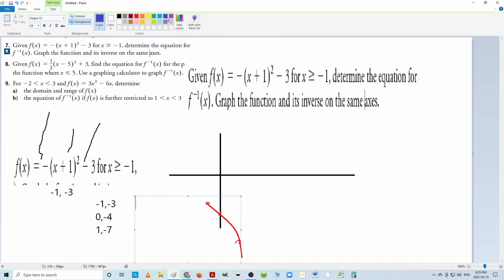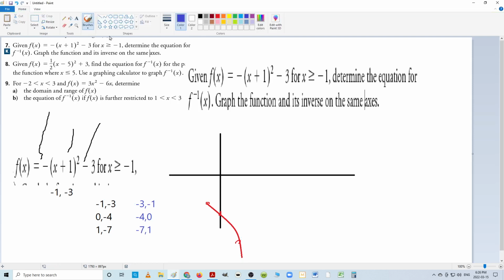The inverse of this will be minus 3, comma, minus 1, minus 4, comma, 0, and minus 7, comma, 1. So minus 3, minus 1 here, minus 4, comma, 0 here, and minus 7, comma, 1 here. So it's going to be like that.